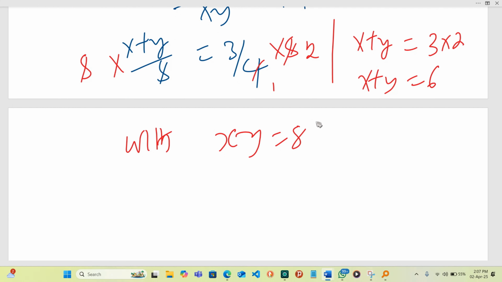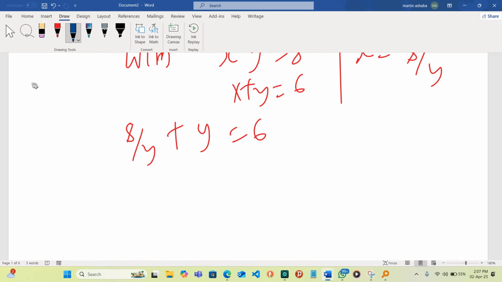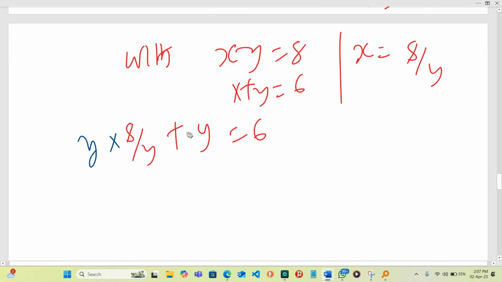So with xy equal to 8 and x plus y equal to 6, I can now say that x is equal to 8 out of y. I substitute it in here, and I'll have 8 out of y plus y equal to 6. Meaning, I can multiply both sides by y.